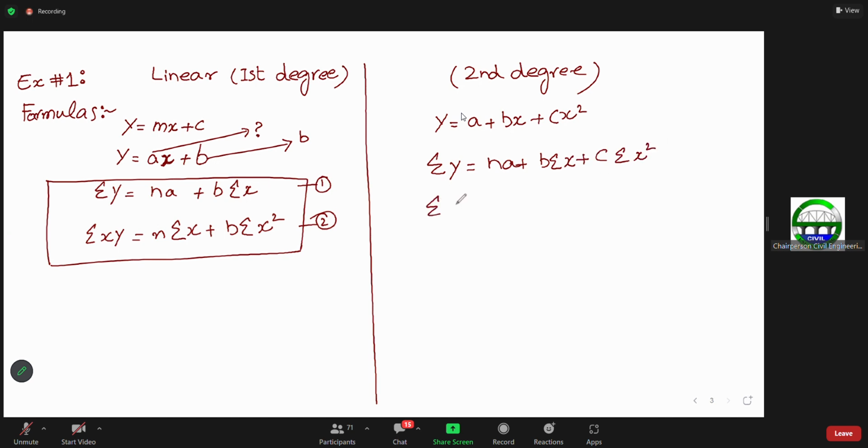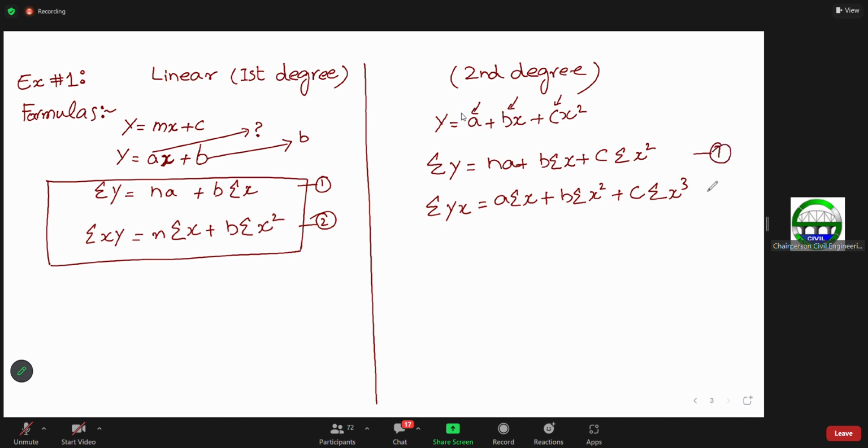And then multiplied by x: Σxy = aΣx + bΣx² + cΣx³. Because we need 1, 2, and 3, so we need 3 equations.